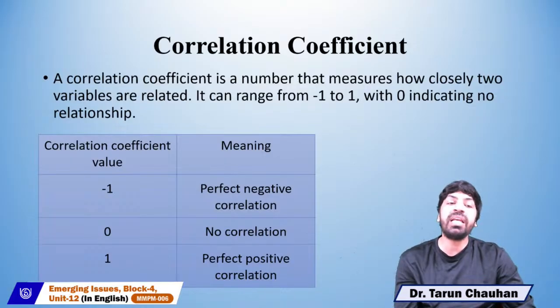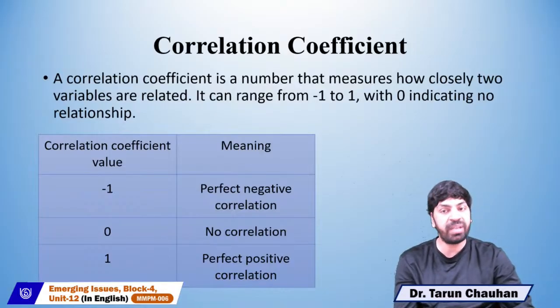When the value of r is equal to 0, there is no correlation between the variables. When the value of r is equal to 1, there is a perfect positive correlation between the variables.